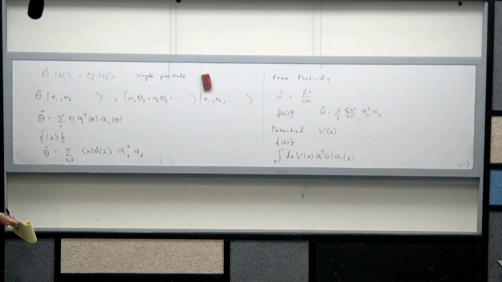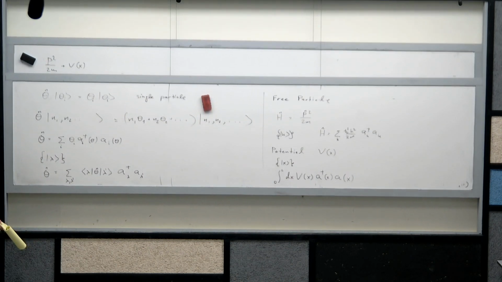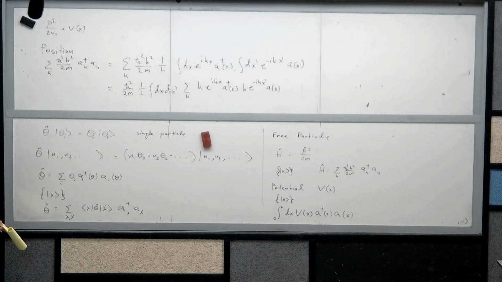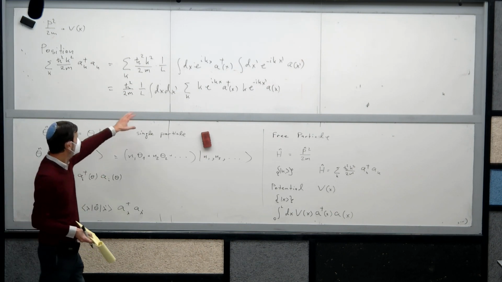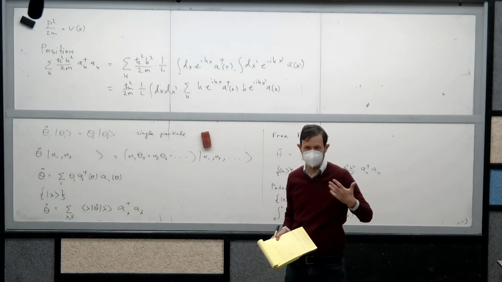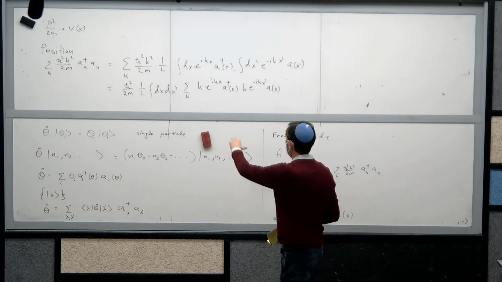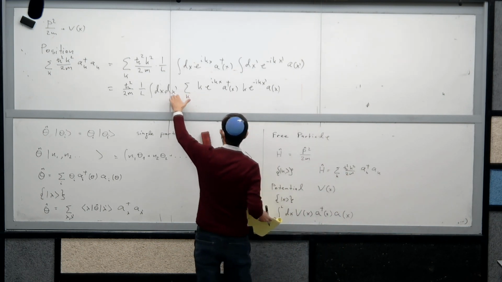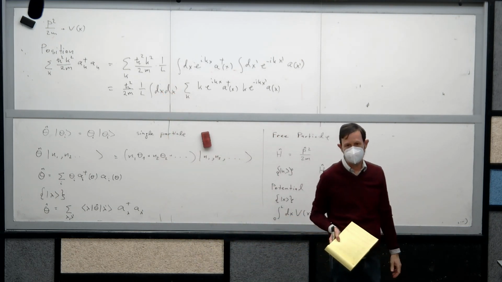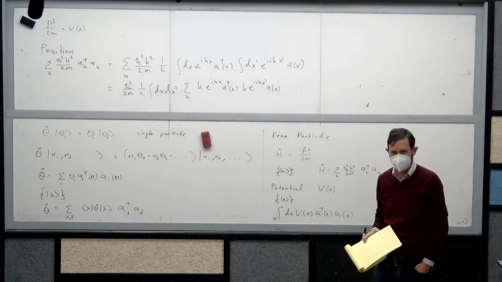How can you combine the integrals together? This is simply an integral on dx and an integral on dx prime, because this guy doesn't depend on x prime, so I can move it before. It doesn't change anything.